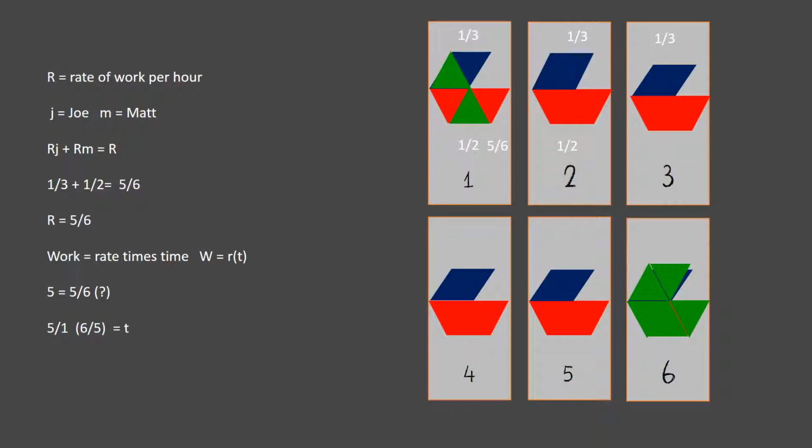My other side is going to be 6/5 because I had to bring it over to the other side, which equals T, which is my time. If I multiply across, I have 5 times 6 is 30, 1 times 5 is 5, equals T, or I divide the 5 into the 30, gives me 6 equals time. So my time is 6 hours.